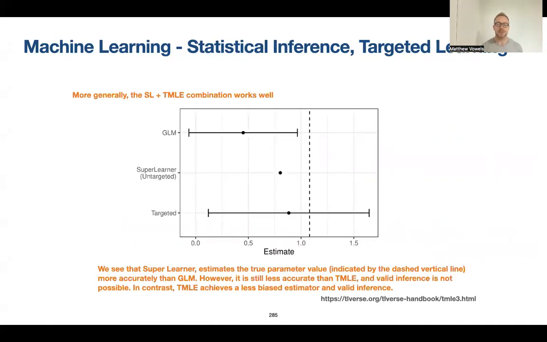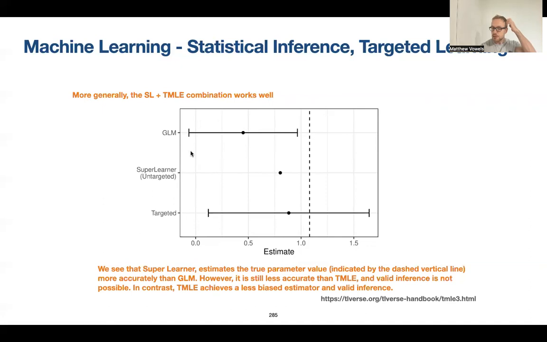More generally, using a different example, this is given on the website, the handbook for the TLVerse library. In practice, what you might hope for is that there's a monotonic improvement. So if this dashed line is the true treatment effect, when you use a generalized linear model, which is correctly specified structurally, you might get this point estimate with these confidence intervals. And in this case, you can see that it doesn't include the true value.